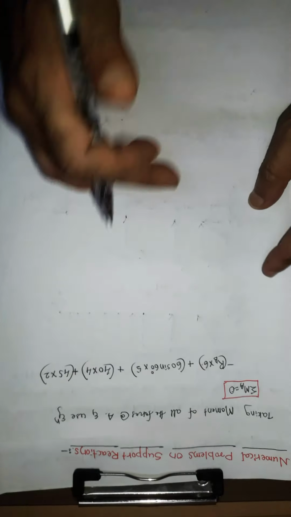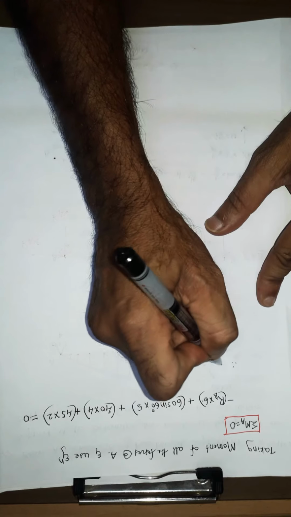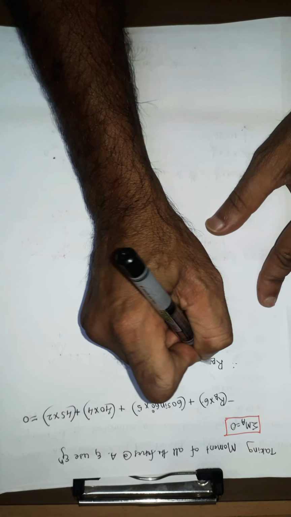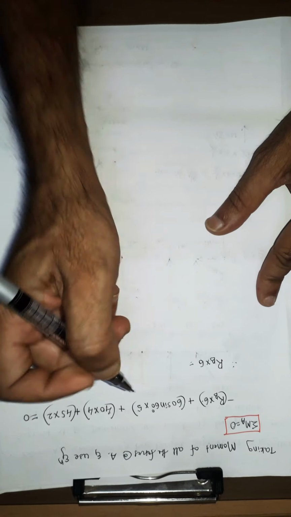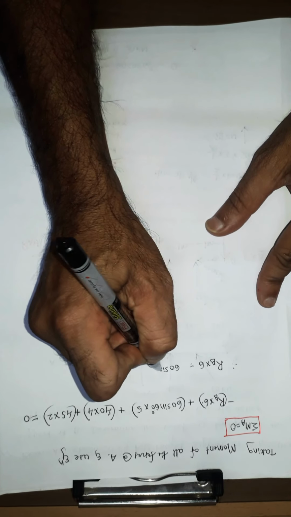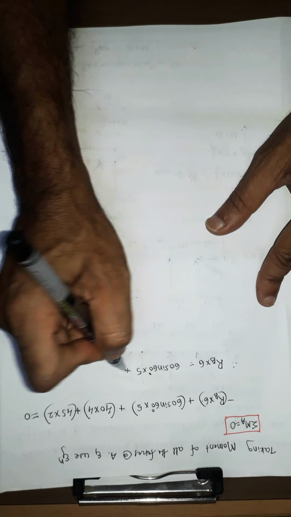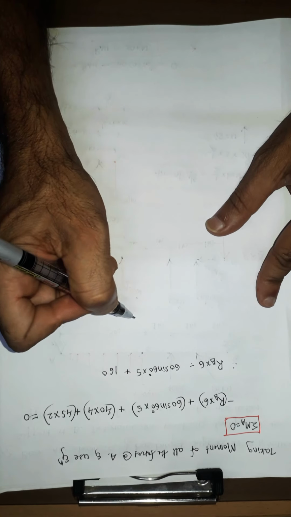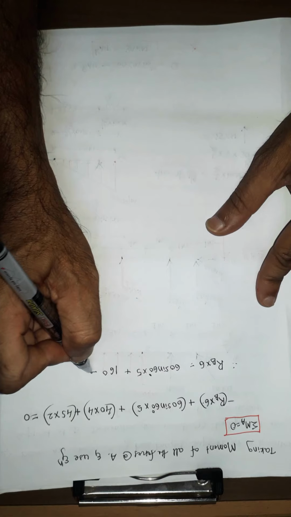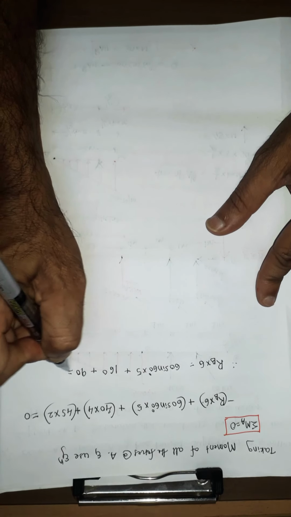Now this is the summation MA, and it should be equal to 0. So we want RB. RB into 6, I'll take this side, so this will be plus 60 sine 60 into 5 plus 160 plus 90, equal to 0.